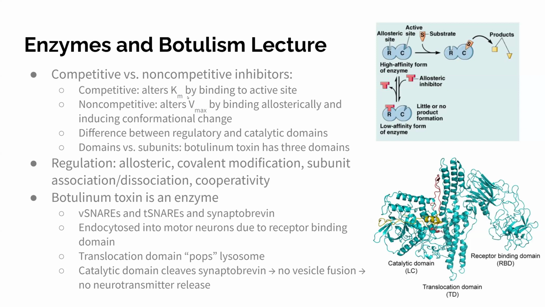And so it's going to induce that conformational change of the active site from a different location. And so definitely know the difference between the regulatory and catalytic domains. And then domains versus subunits. Domains are different areas of a single protein, subunits are multiple proteins. They're subunits when they become a quaternary structure, so it's multiple proteins coming together.